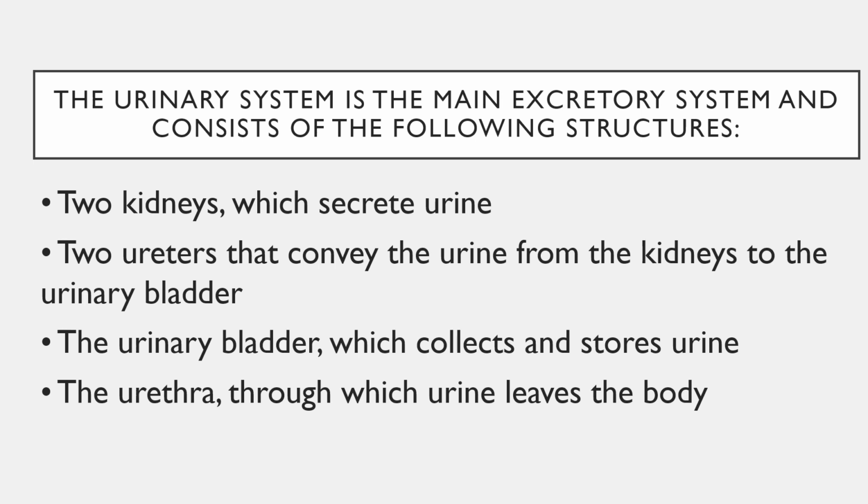Then the urinary bladder collects that urine that comes via the ureters and stores it. Remember, it stores it temporarily. Then you will feel the urge to urinate or to pee. Then the urethra will come in to make sure that the urine leaves the body.